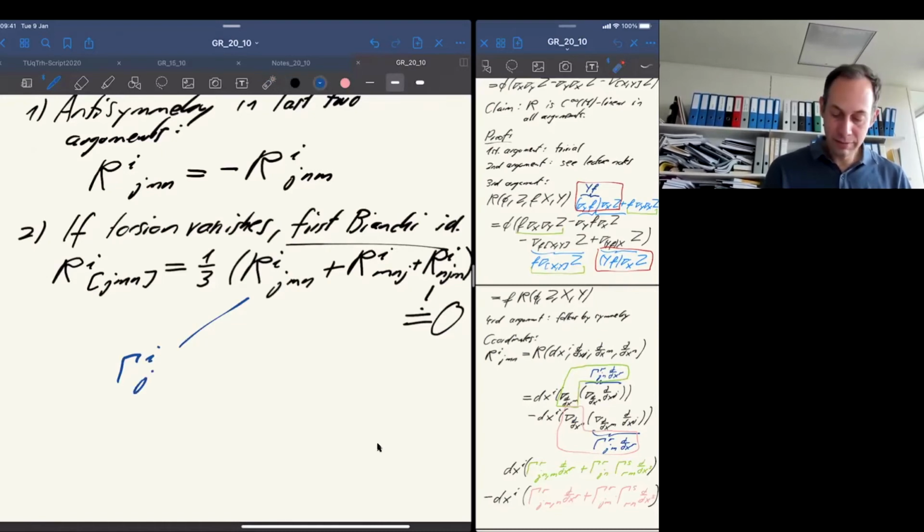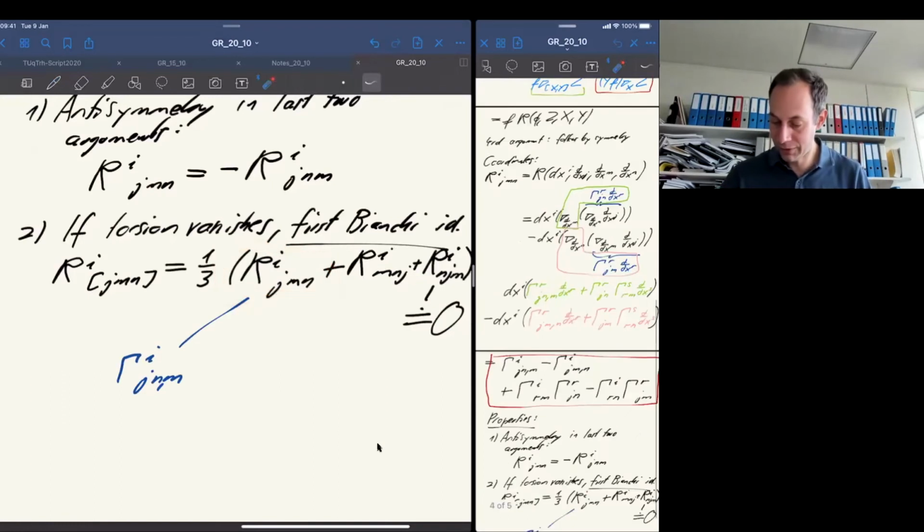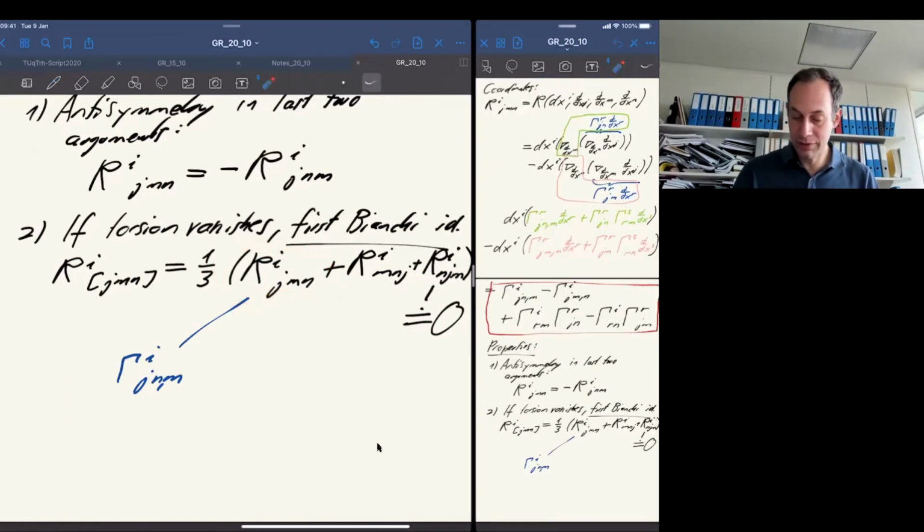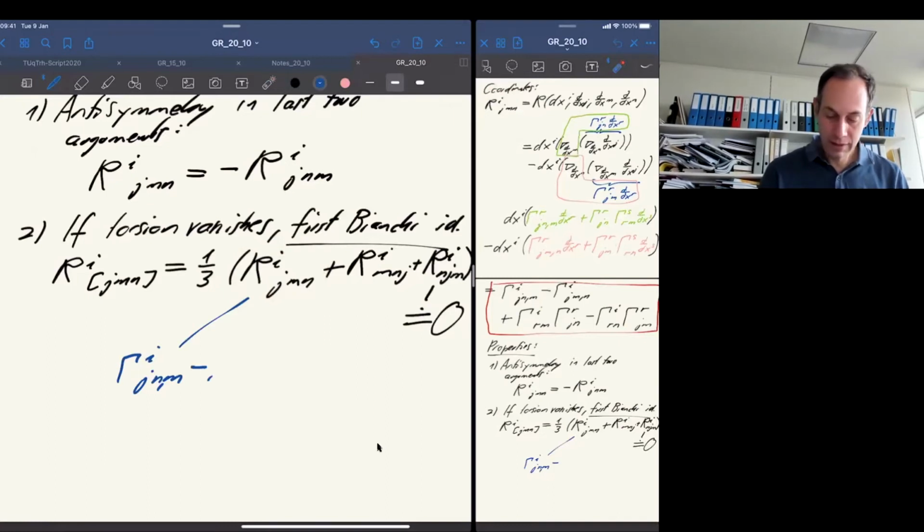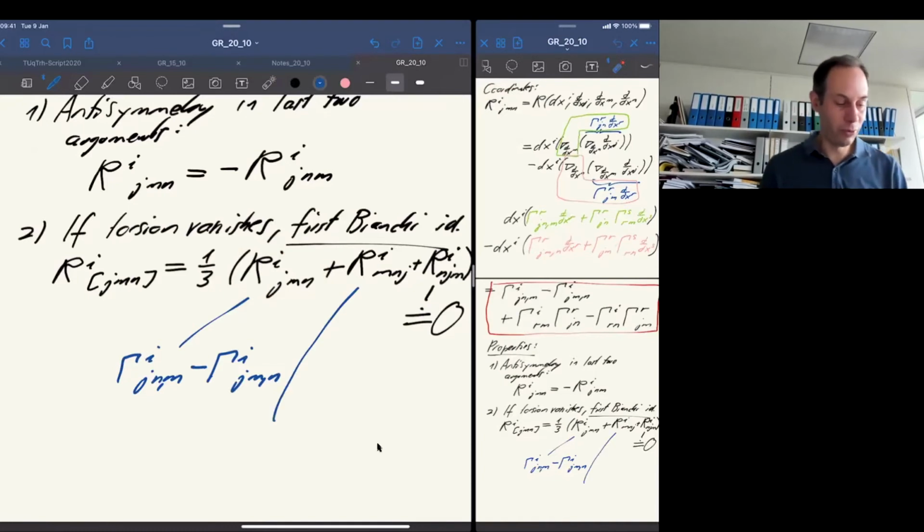Of course, that would take some time if I did it completely, because there are lots of gamma symbols to write. But if you remember one gamma symbol that appears here, let me scroll to the right page. So here I have the first term that just coincides with what we have defined here. So there's one gamma symbol of that form here. And there's also a minus. Let me maybe write it for this one: Gamma^I_{JM,N}. And there are, of course, more. There are the products, which I now omit just because I don't want to show the proof, but only sketch it.